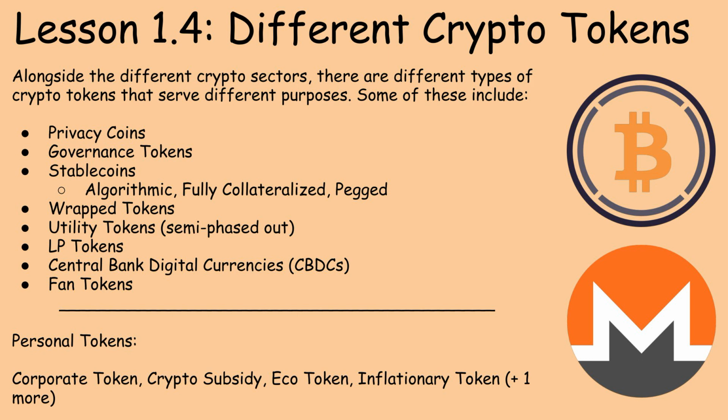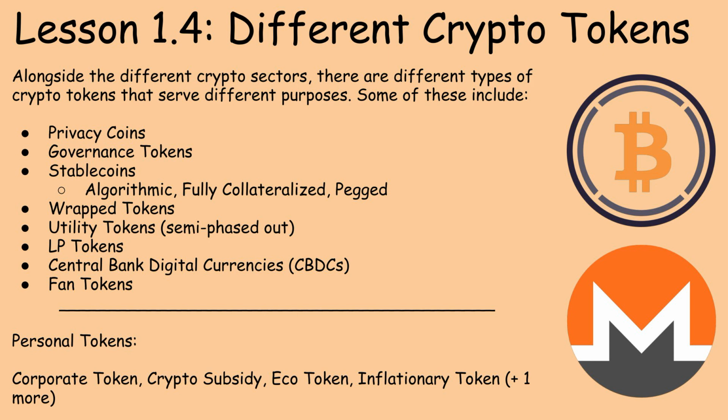Wrap tokens, utility tokens. The term utility tokens is semi-phased out. This was kind of to be in contrast with Bitcoin, where Bitcoin was said to just be a store of value token, where utility was more so like you're able to actually do something, such as Ethereum.